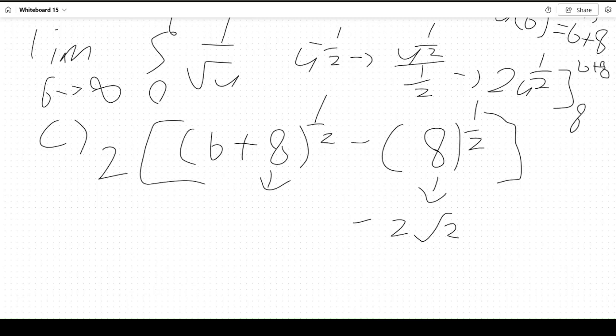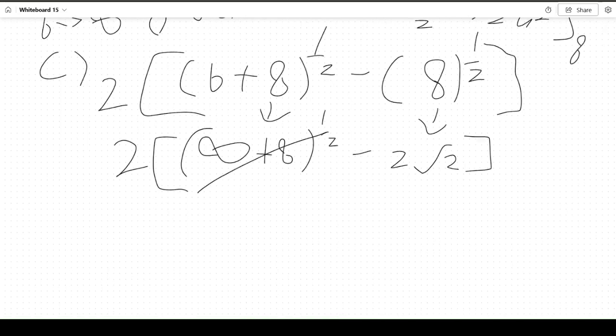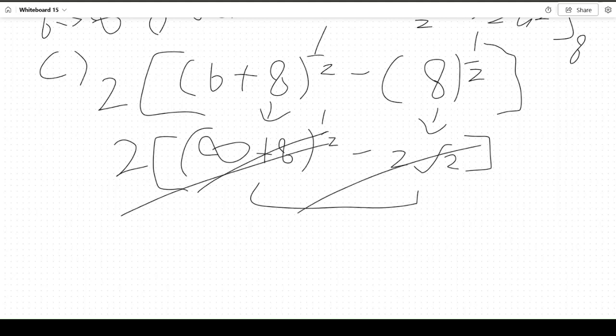And we can plug in the infinity, and this won't make any sense because when you add infinity, it would just be infinity. So this contradicts the whole problem. So all in all, this would be just infinity. Therefore, this problem is divergent.